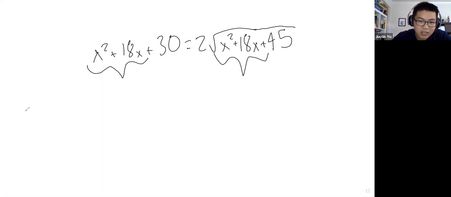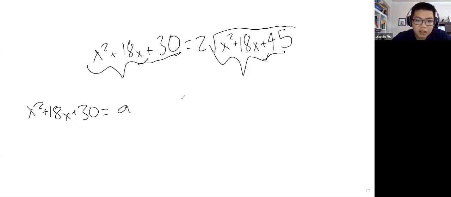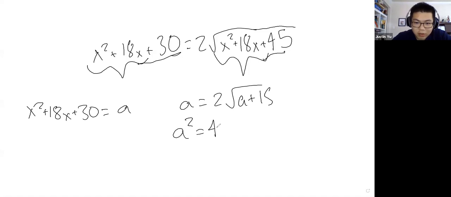So let's just bake this in. x squared plus 18x plus 30 is equal to a. So we substitute that in here. a is equal to 2 root a plus 15. We square that. a squared is equal to 4a plus 60.